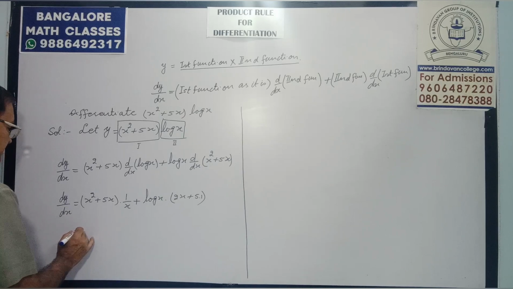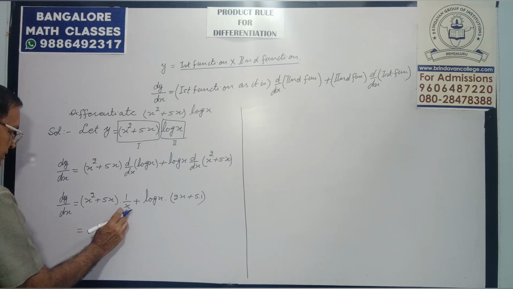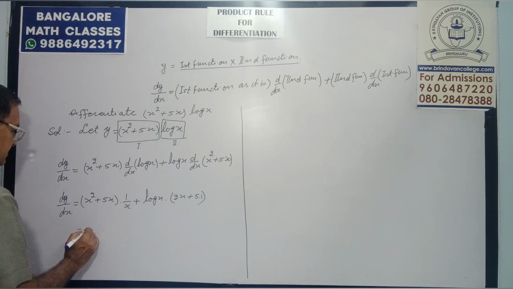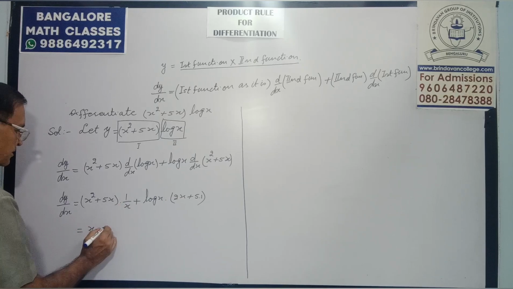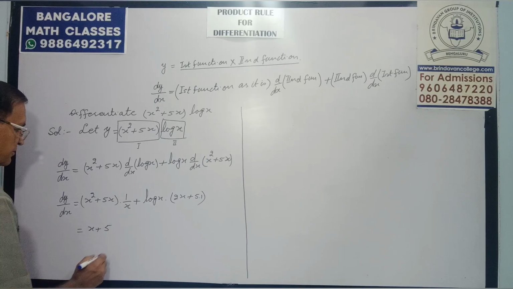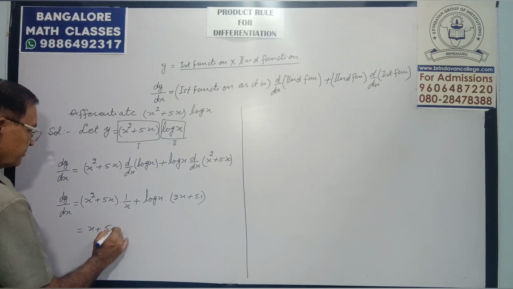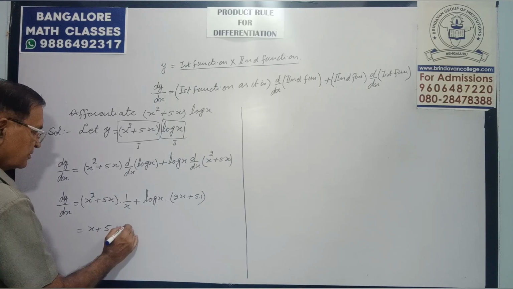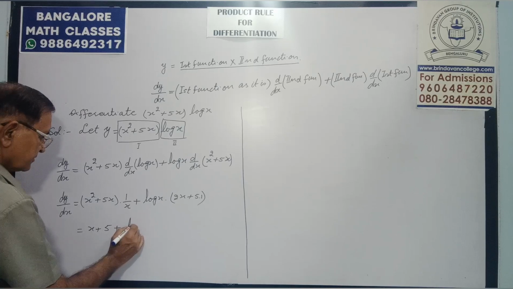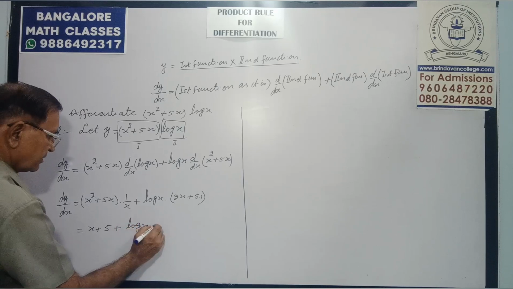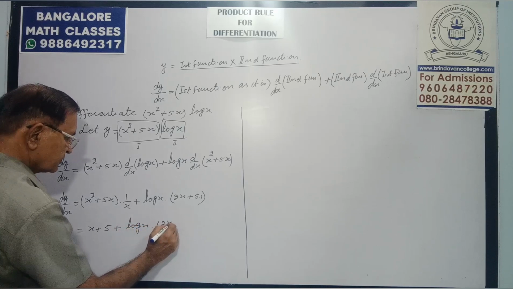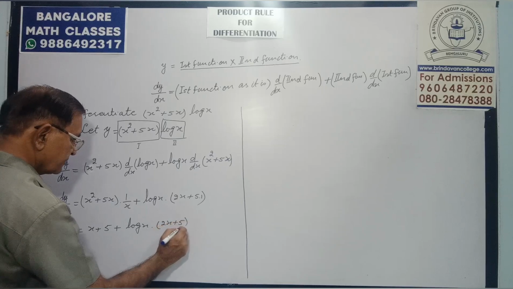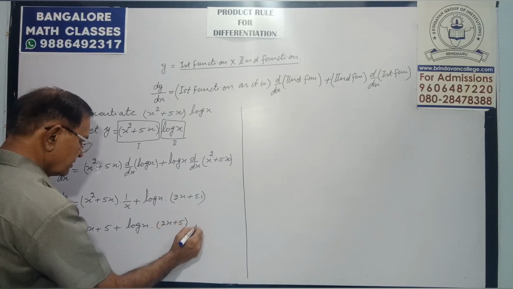So thus we will get it as (x² + 5x) multiplied by 1 by x, that is (x + 5) by x, x we can cancel, giving x + 5, plus log x (2x + 5). That will be the answer.